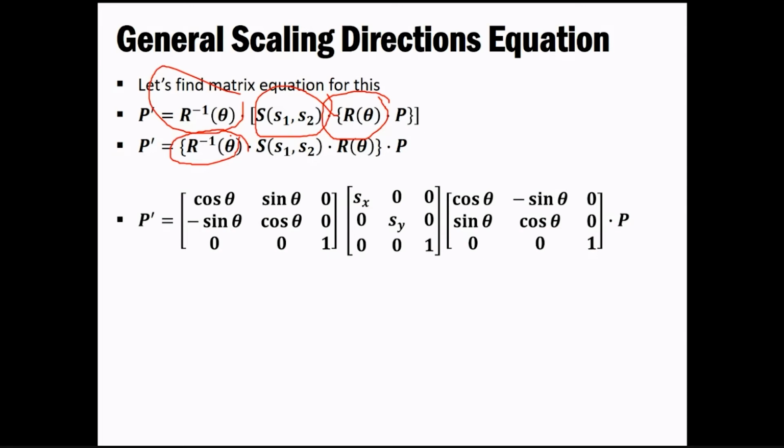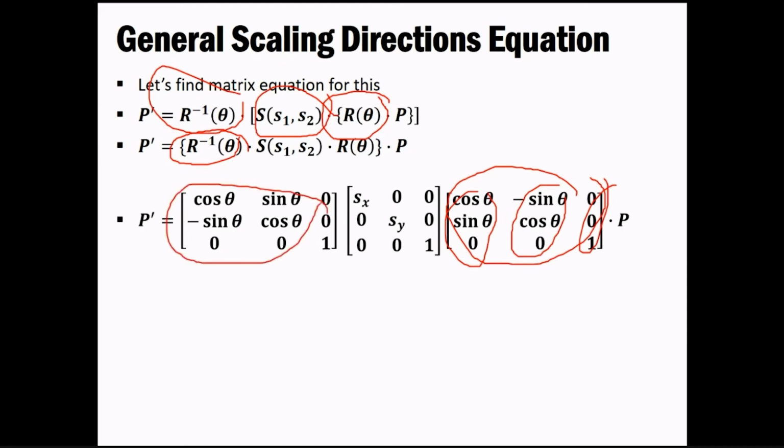Now the base form for the rotation is cos theta, sin theta, 0; minus sin theta, cos theta, 0; 0, 0, 1. But to take its inverse, you have to change its dimensions, so you change the signs in this manner, and you have to put it in this way only.